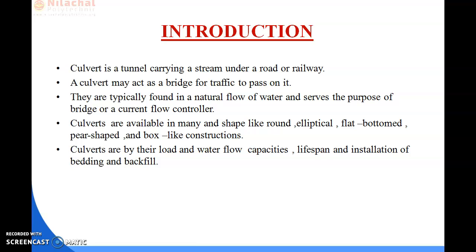Culverts are available in many shapes like round, elliptical, flat bottom, pear shaped and box-like constructions. Culverts are chosen by their loads and water flow capacity, lifespan, and installation of bedding and backfill. The type is based on a number of factors including hydraulics, upstream elevations, roadway height and other conditions.